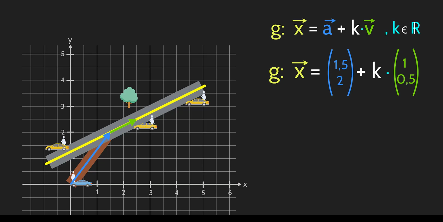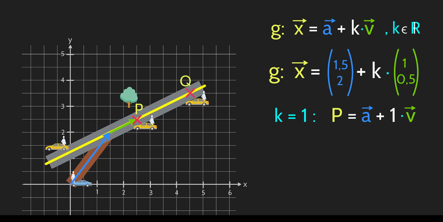Now we can look for the 3 places where our friend can be. The point P is directly opposite the large tree. This means that in order to reach the point P we have to substitute the number 1 for k in the straight line equation. That means, we reach P by first driving along the starting point vector and then driving once the direction vector.